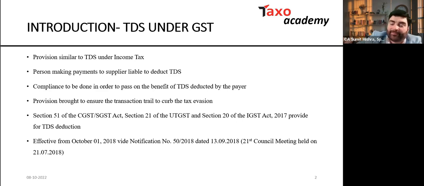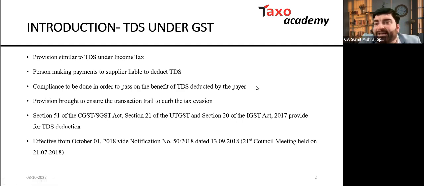At the time of filing their returns, they will remit that amount directly to the government, and that amount will reflect on my portal. I will have to accept it, and the amount of tax deposited by the recipient will automatically be credited in my cash ledger. That's the process by which I get the benefit of tax deducted by the recipient.